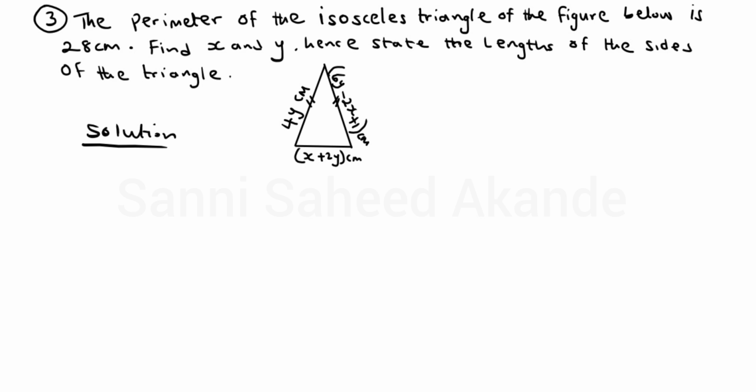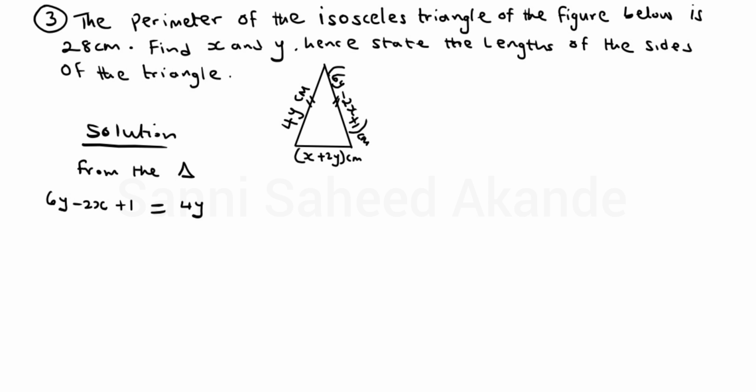So from the triangle, this side 6y minus 2x plus 1 is equal to the side where they write 4y. Understood? Because one of the properties of an isosceles triangle is that the two sides are equal. Okay, that is what we have applied here.